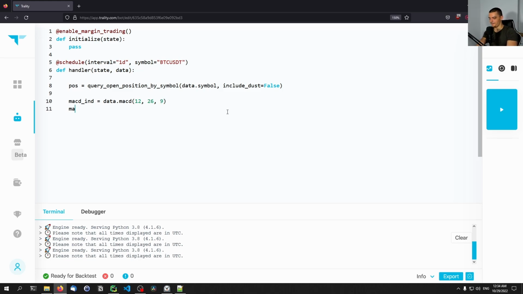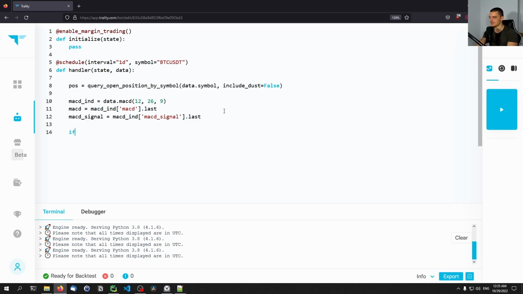And the MACD itself is then from that the MACD int, the MACD dot last, and the MACD underscore signal is the MACD int MACD signal dot last. This is how we get the indicators, and now we can do again the same thing.